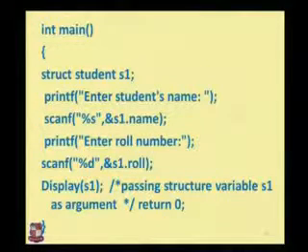Then we are passing a call to display, and display is displaying the various values of the structure. We are calling display(s1), passing the s1 values to the display function so that it will print these values, and we are returning 0, so it will not return any value.